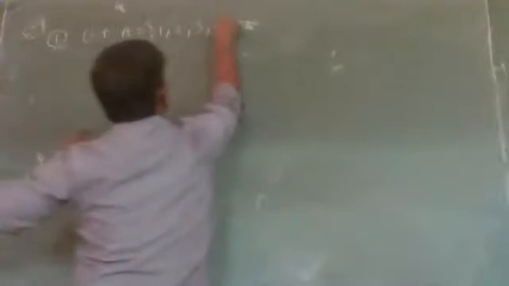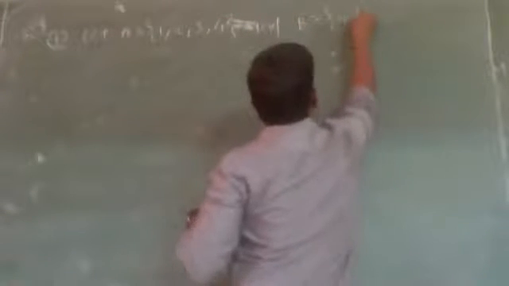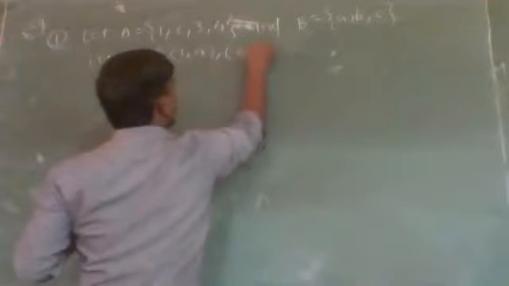Let us see by taking some examples. Example one. Let A be a set which contains four elements 1, 2, 3, 4. Let B be a set which contains three elements A, B, C. Let R be a set which contains 1A, 2A, 3B, 4B.